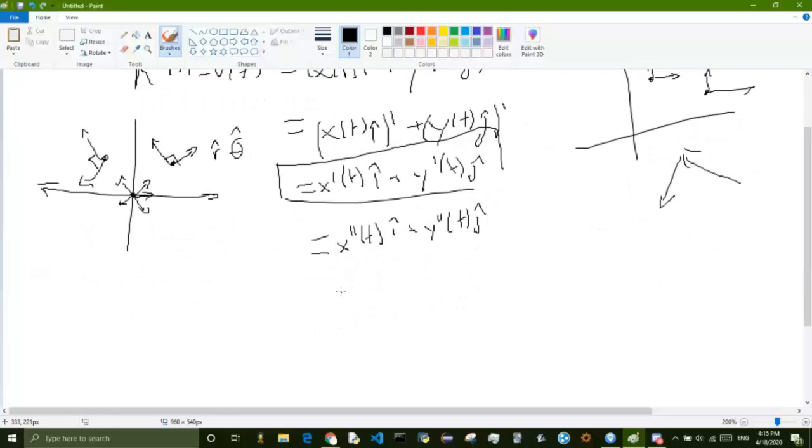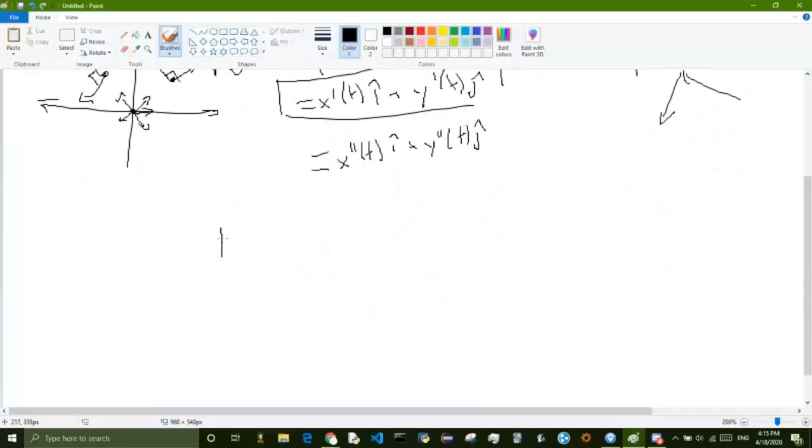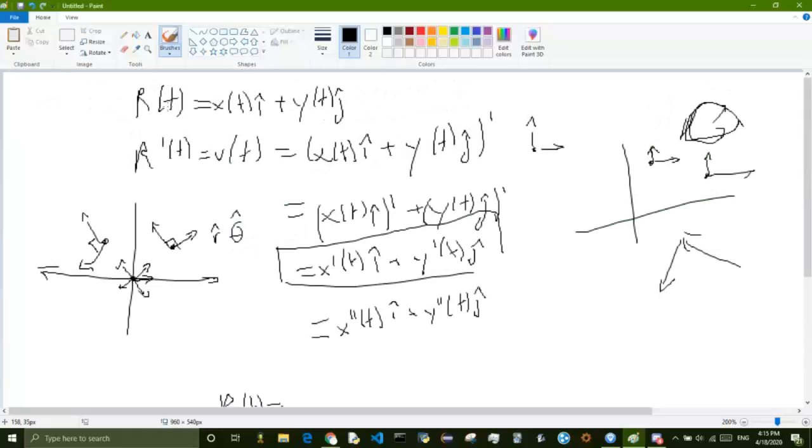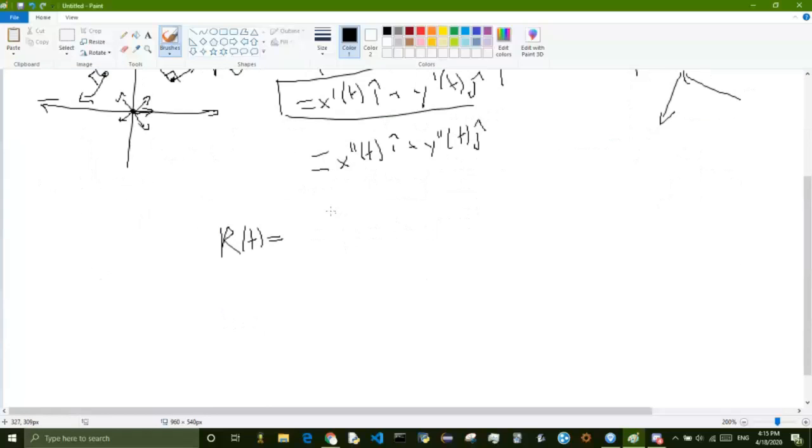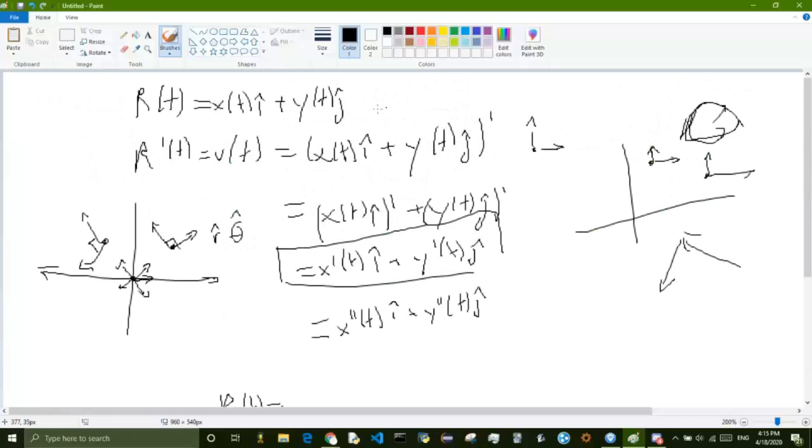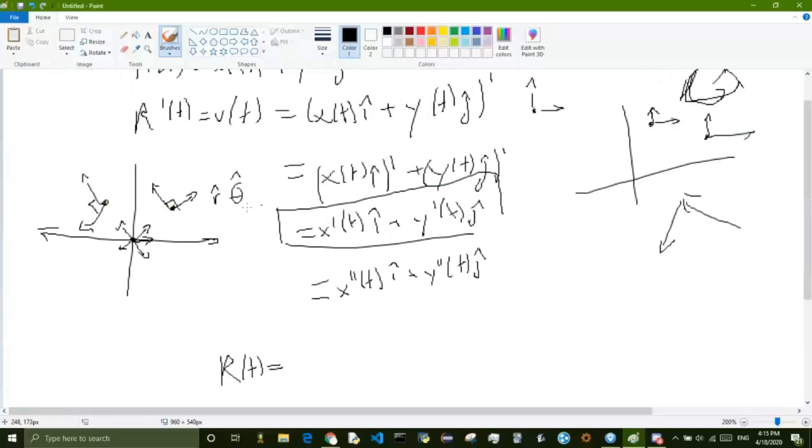So when we have a position vector, even that changes. Because what you have is r of t equals what? In Cartesian coordinates we have x times i hat plus y times j hat. In polar coordinates, you have just some radius that changes in time, so r of t times r hat, which is also changing in time, right?